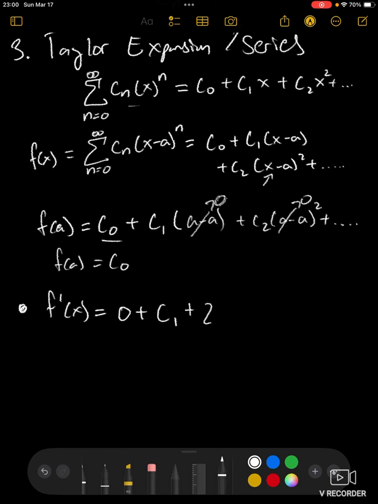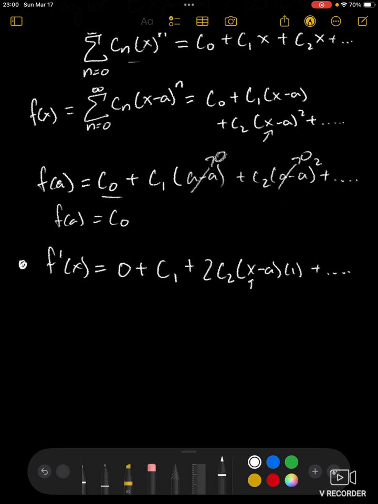That will put that 2 out in front, and that will make that x minus a, and then we take the derivative of what is within here, and that's equal to 1. So we just get 2 times c2 times x minus a, and then so on and so forth.